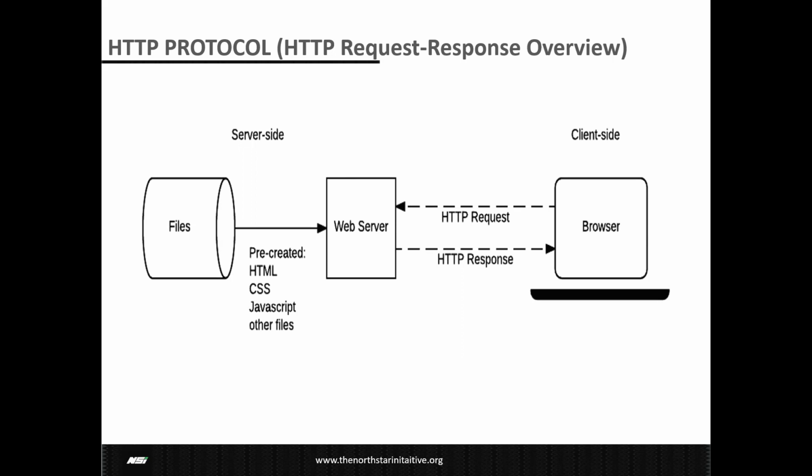So the web server has access to the HTML files, to the CSS files, and to the JavaScript. So the web server will now send the response to the browser. So now the browser will have the page displayed on your screen. So as a front-end web developer, your job is to build this HTML.